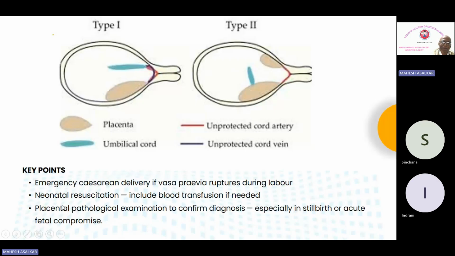Third is placental pathological examination to confirm the diagnosis, especially if there is a stillbirth or acute fetal compromise. Whenever there is a scenario about Vasa Previa, look for the option with neonatal resuscitation including blood transfusion and placental pathological examination. These three things are very important.